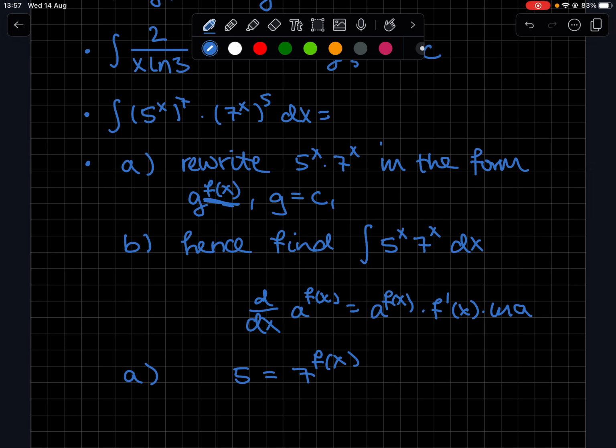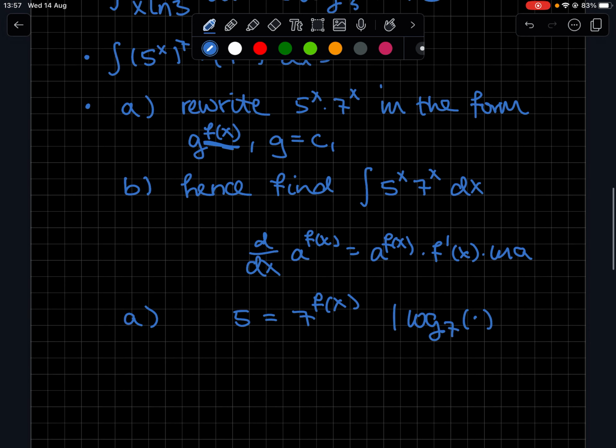Now, what is this function f of x? Well, we don't know yet, but we can solve for it by taking a log in base 7 of both sides. So on the left side, we get log base 7 of 5, and on the right side we get log base 7 of 7 to the power of f of x.